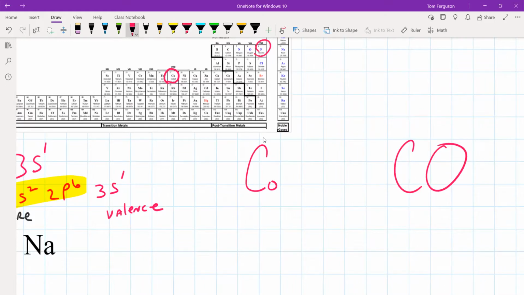Big C, little o, versus big C, big O. So it's crucial that you follow that protocol. Whenever there are 2 letters to the symbol of an element, the second one is always lowercase. Okay, so cobalt.